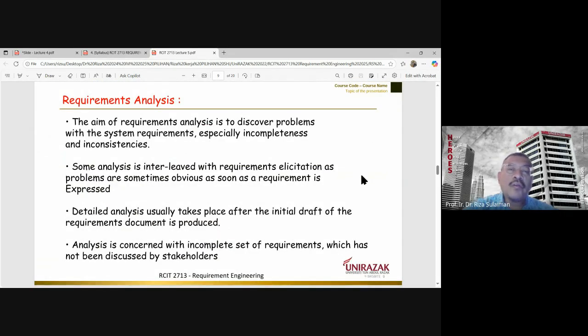Now, the aim of requirement analysis is to discover problems with the system requirements, especially incompleteness and inconsistency. Some analysis is interleaved with requirement elicitation, as problems are sometimes obvious as soon as a requirement is expressed. This is easy because as soon as you do something, you identify the problem.